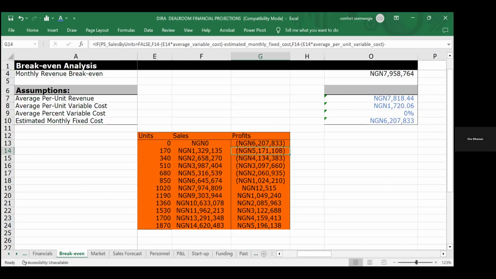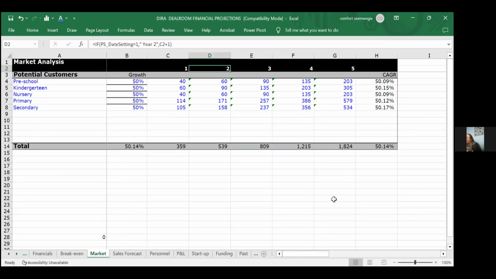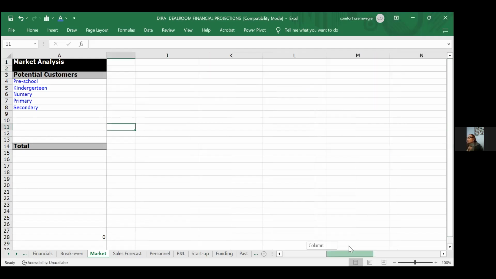Right. Thank you. Okay, so we go to your market. Here we want to do a quick cumulative average growth rate, CAGR, for your business over a 5-year period. I'm sure a lot of us have an understanding of what that looks like.